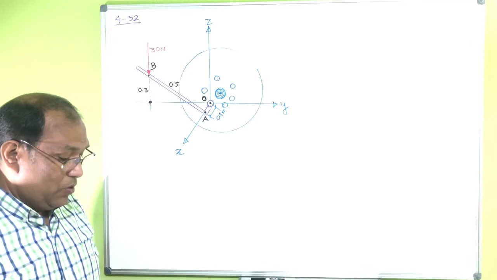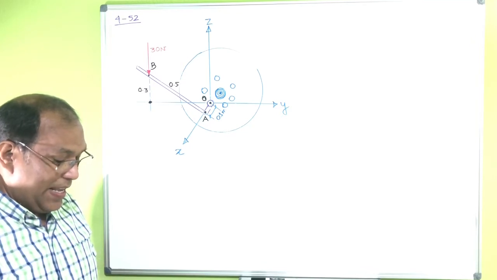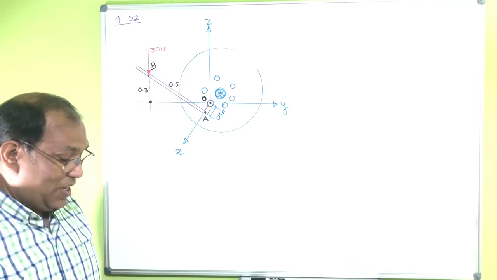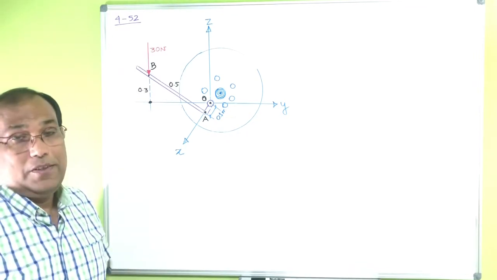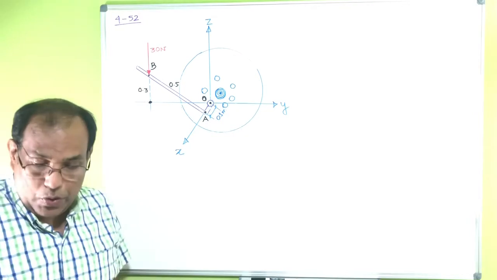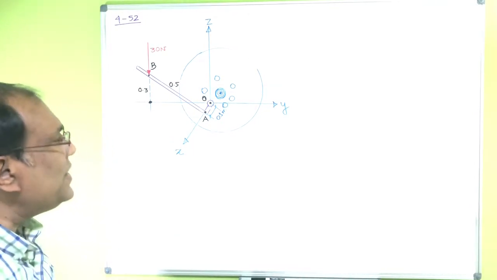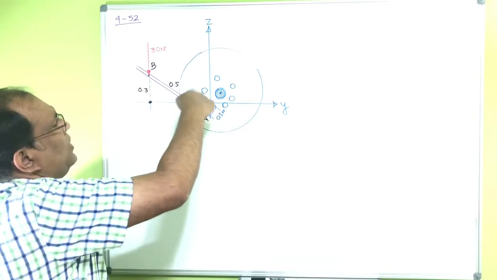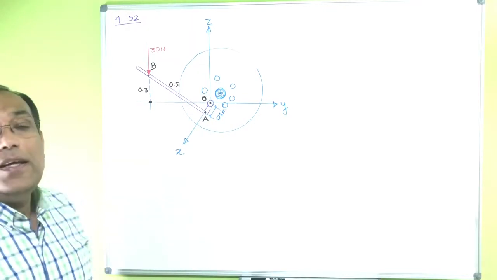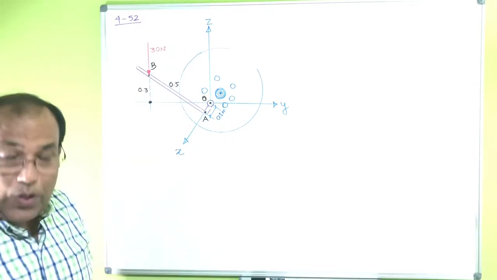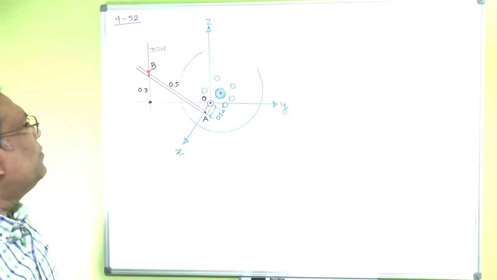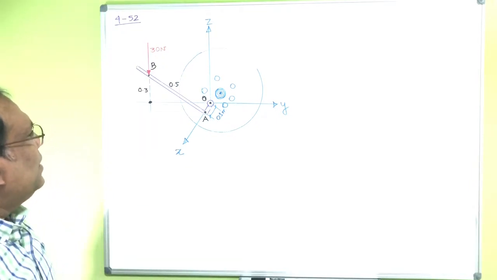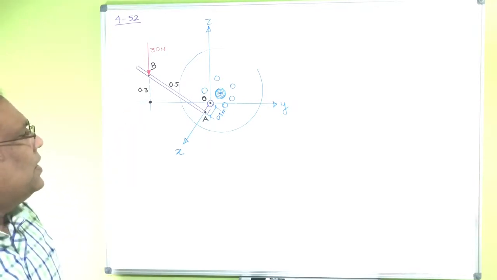If the 30 Newton force can be applied at A in any other direction, will it be possible to turn the nut? Okay, so what they are basically saying is that you are trying to open that nut here. Now what you are trying to do is apply a force of 30 Newton vertical to that direction here.